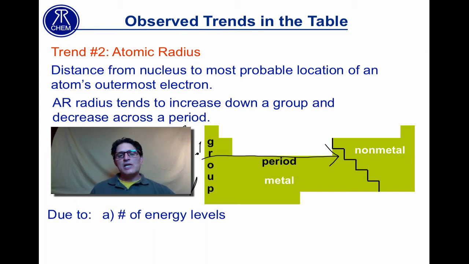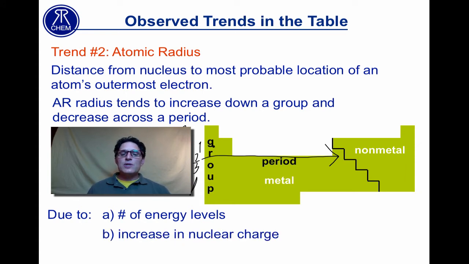As we go down each group from 1 to 2 to 3, etc., we're increasing energy level each time. So if we have an electron way over here in group 18, and then we're adding one more electron to element 19, for example, potassium, potassium's atomic radius will be substantially larger because it's added that next or that outermost electron at another energy level.